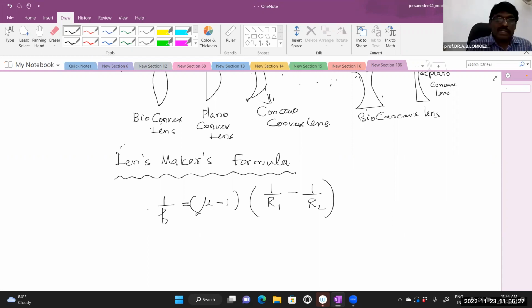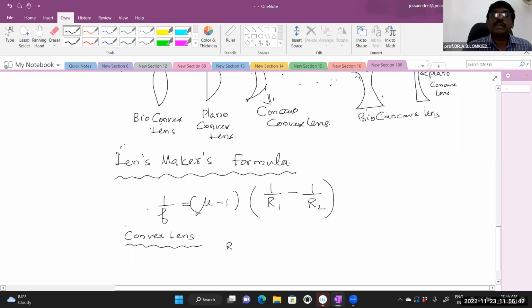When you use this formula for convex lenses, R1 is considered to be positive and R2 is considered to be negative.